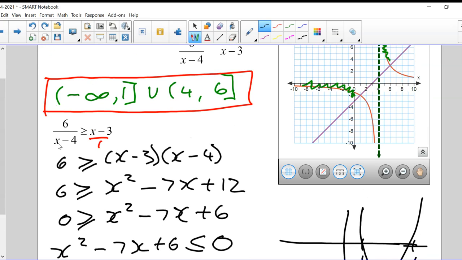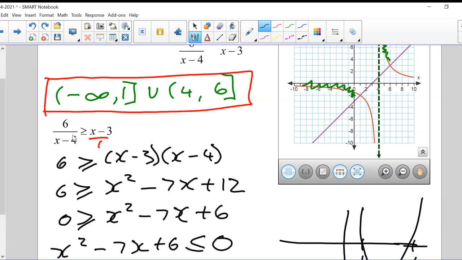Okay. So this x minus 4 that we multiplied by, could that be negative? Is it possible for x minus 4 to be negative? Because we just went ahead and cross multiplied and had a good time doing that. It seemed like a great thing to do.